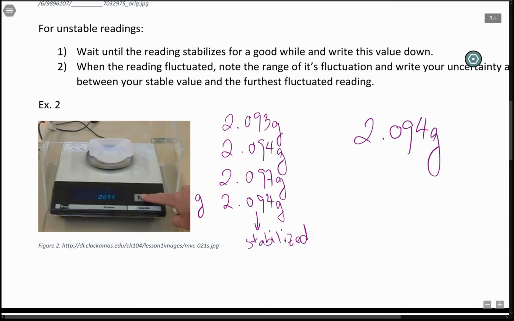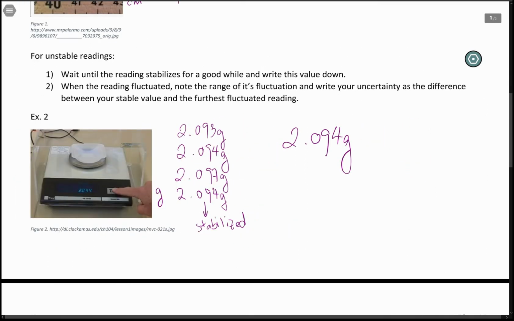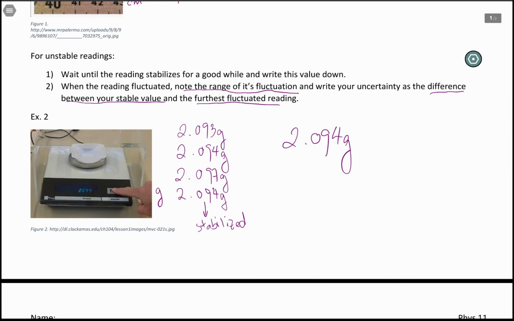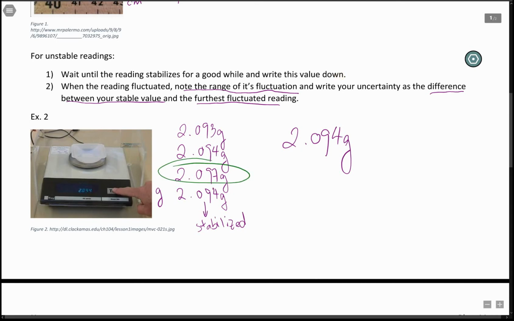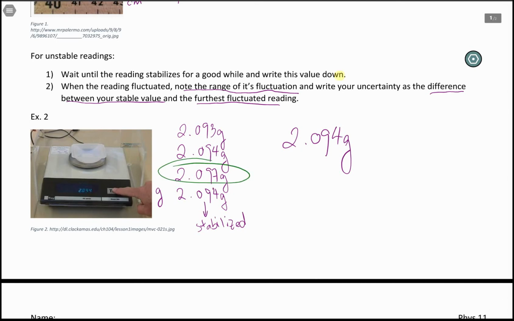As for the error, when your reading fluctuates, note the range of its fluctuation. Then you write down your uncertainty as the difference between your stable value and the furthest fluctuated reading. In our case, our largest fluctuating reading is the 2.097, not the 2.093.